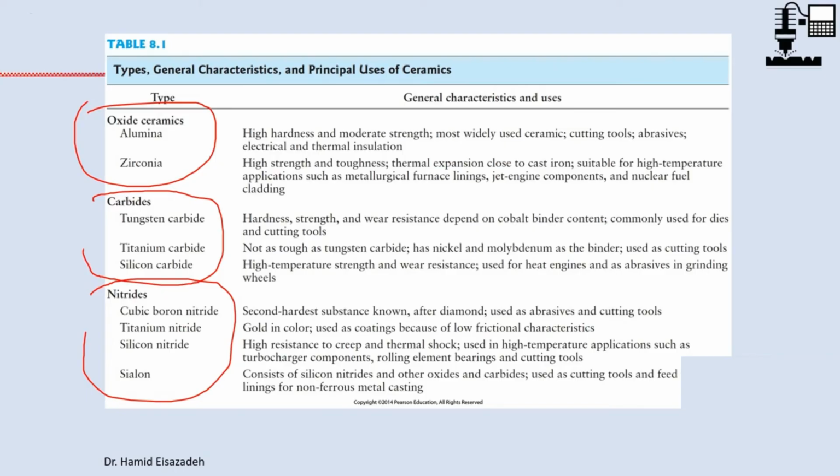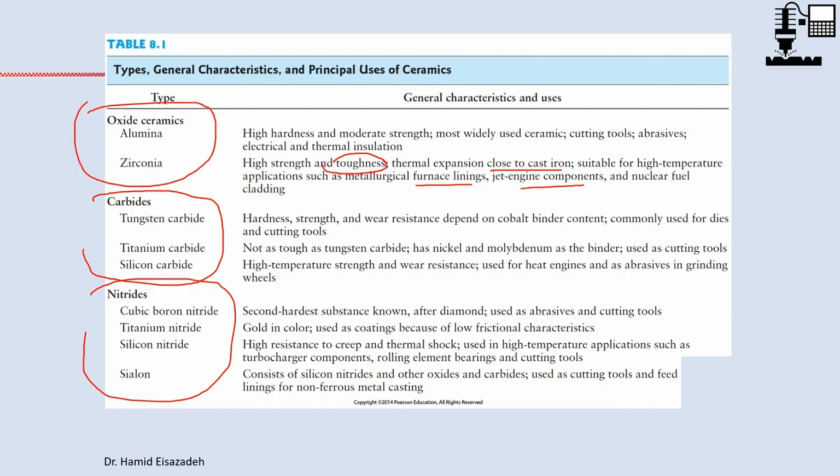For example, oxide ceramic has a high hardness, moderate strength, and high toughness. The thermal expansion coefficient is close to cast iron, and it's suitable for high temperature applications, such as furnaces and jet engine components.